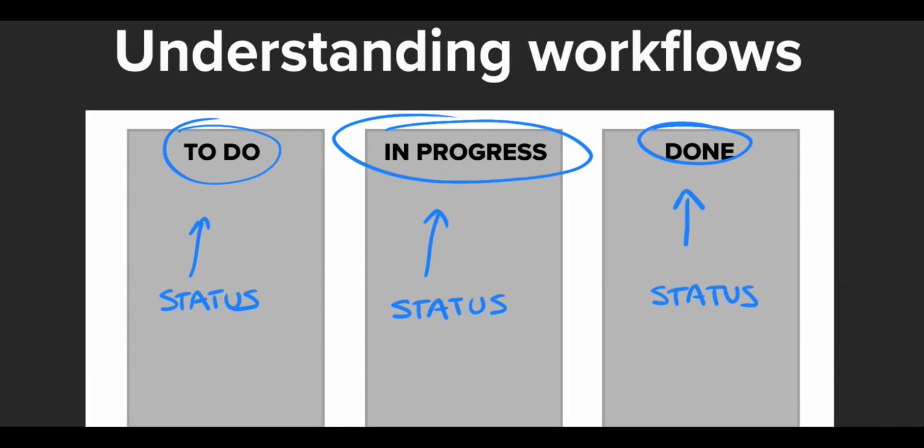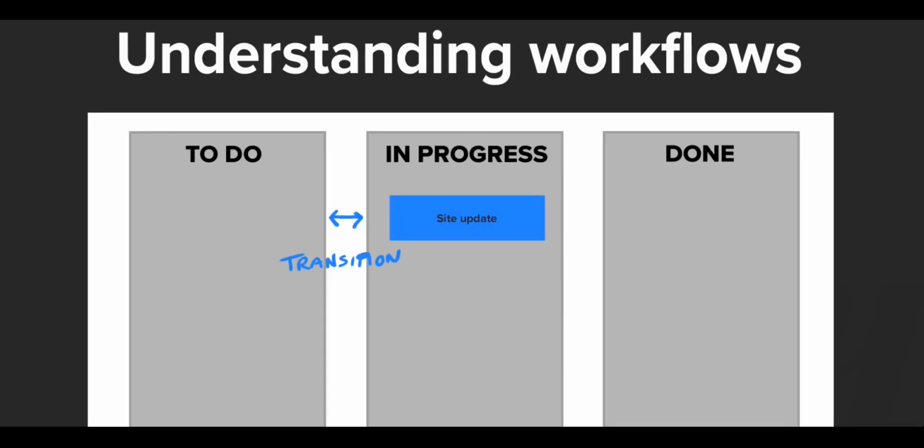A transition is related to an issue which allows an issue to move from one state to another. So, the state of an issue changes from to do to in progress. This is what we call a transition. Changing the state of an issue from one to another.